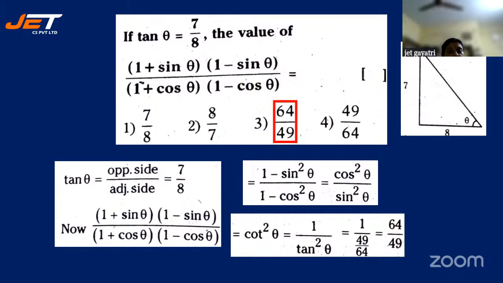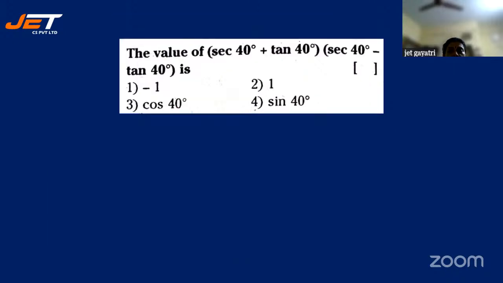All right, students, the other method is to find out the hypotenuse, then find out what sine theta is. Sine theta is nothing but opposite side by hypotenuse. So using the values also we can find out. All right. So your option is the third one, 64 by 49. All right. See the next question.